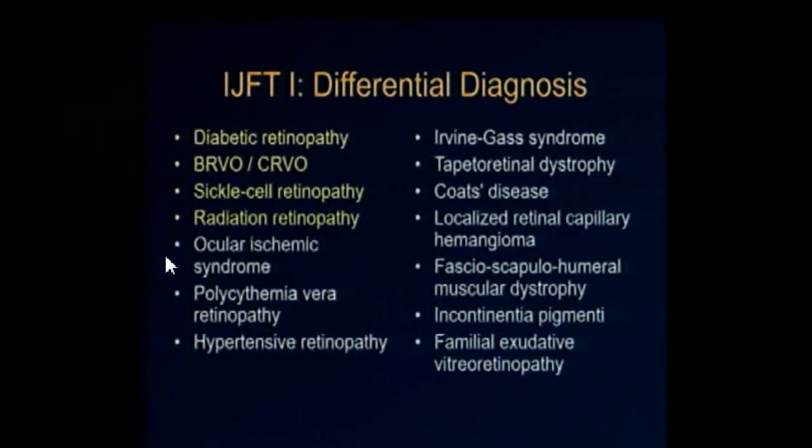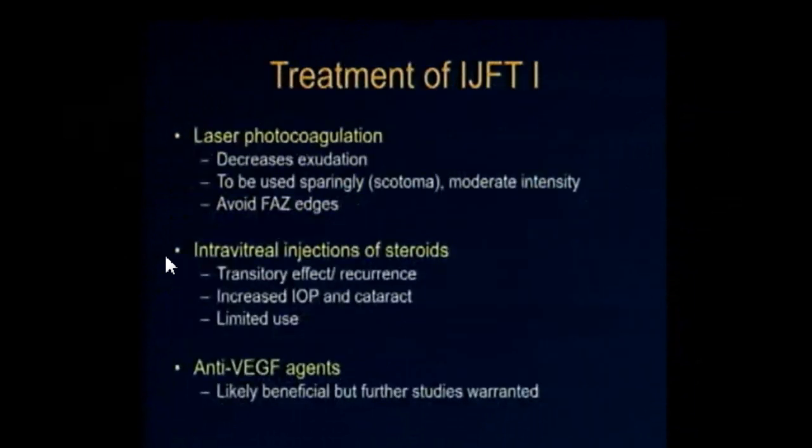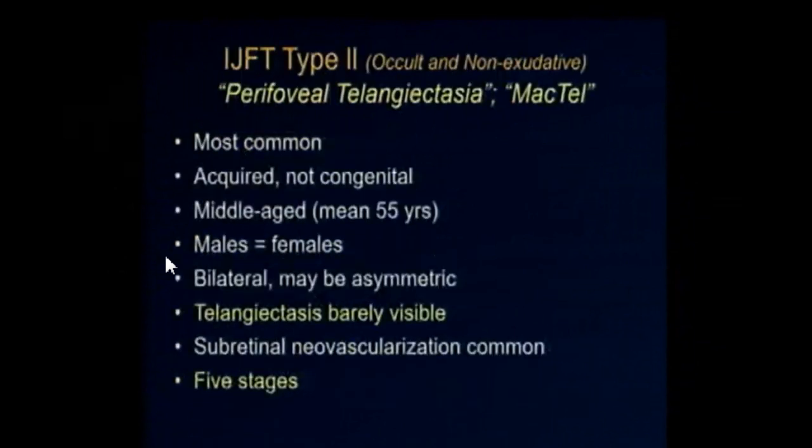So diabetes has to be number 1, BRVO, CRVO, sickling retinopathy, radiation retinopathy, but anything else, ocular ischemic syndrome, Coats disease, hypertensive retinopathy, anything that gives you microvascular abnormalities has to be put in the differential diagnosis of this type 1 juxtafoveolar telangiectasia. Treatment, as I said, laser photocoagulation to decrease the exudation. You can inject steroids. The effect is usually transitory, okay? And anti-VEGF, more research is needed to determine the benefits.